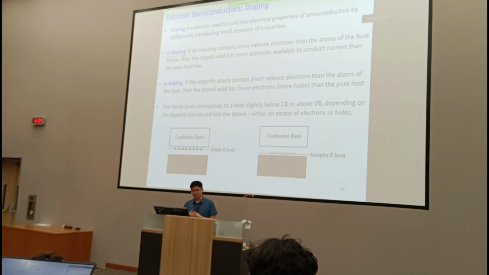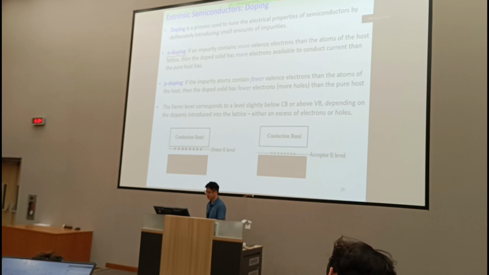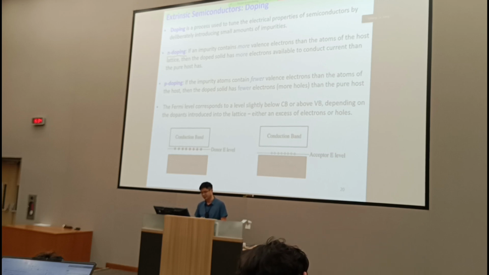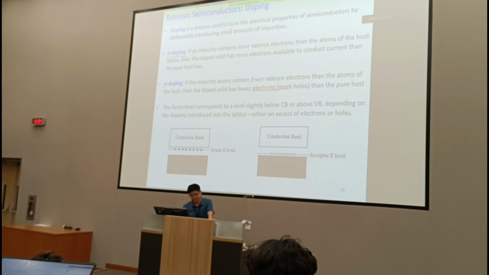Or you can introduce a p-type dopant, meaning impurities that carry one or two fewer valence electrons than the host atoms, so you have fewer electrons and can create more holes than in the pure host. Then with n-doping and p-doping, the Fermi level corresponds to a level slightly below the conduction band or above the valence band, depending on the dopant.